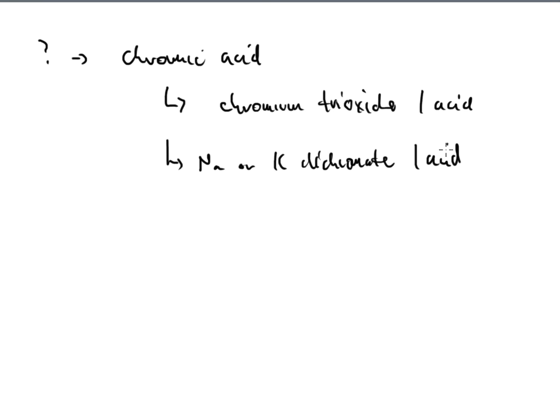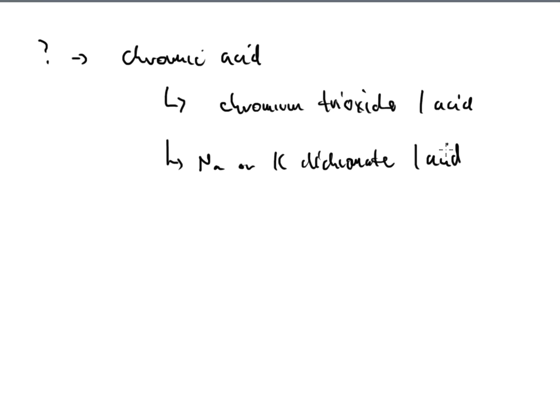And both of those do the same thing, folks. It basically generates chromic acid in solution. That chromic acid reacts with the alcohol in order to oxidize it and give us a product. So I don't want the actual reaction to throw you for a loop here. That's all that they're trying to do.